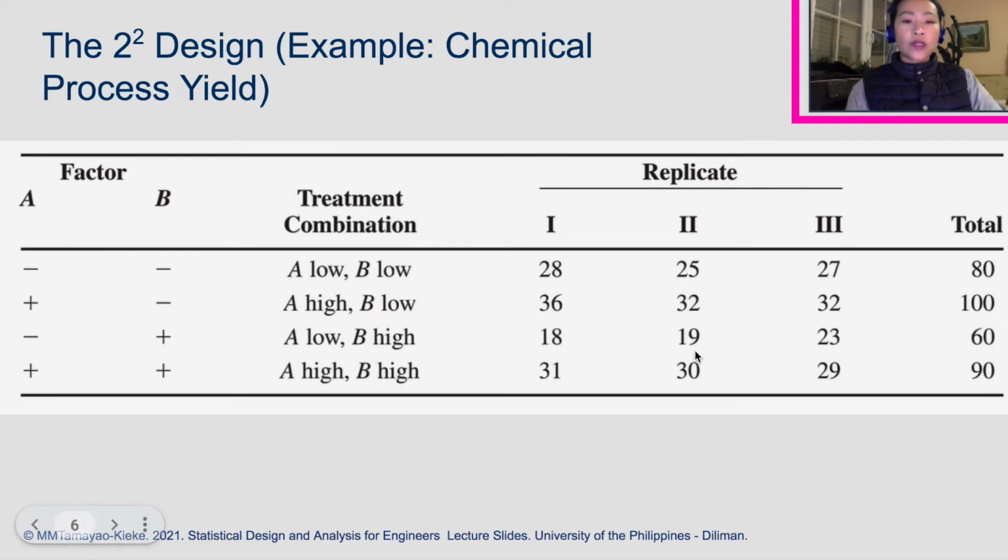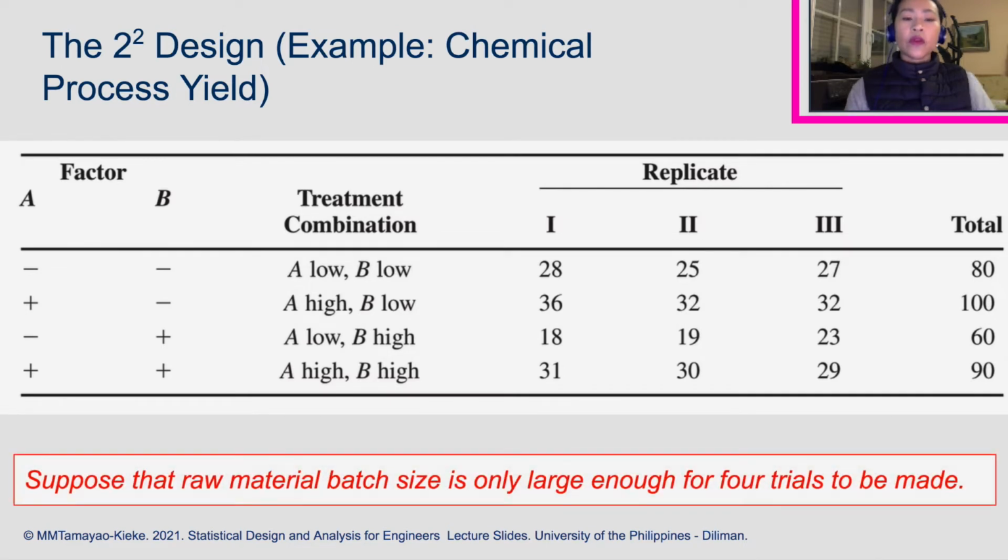As you can see here, the familiar table with observations for the 3 replicates for the different treatment combinations for factor A and factor B. So the modification here is suppose that raw material batch size is only large enough for 4 trials to be made. So you can only run 4 trials for each batch size.